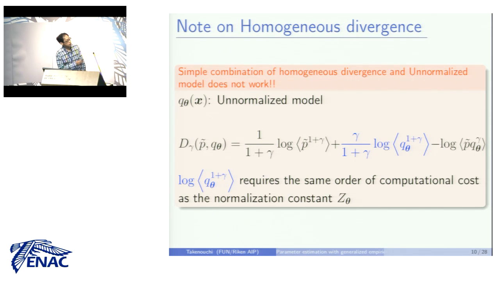Then this divergence is written like this. Actually, this second term requires the same order of computational cost as the normalization constant, because this is just a summation of the unnormalized model. So this does not work well.